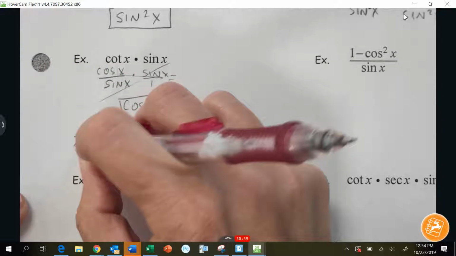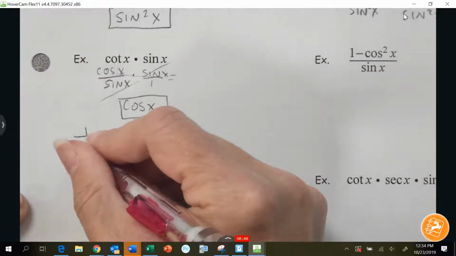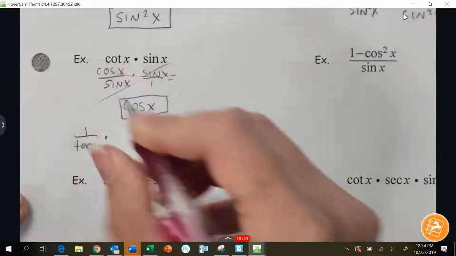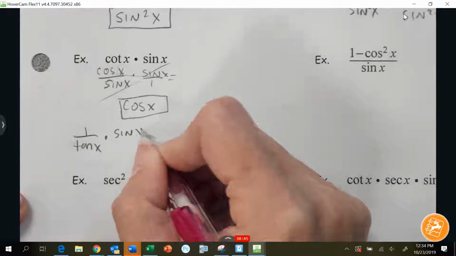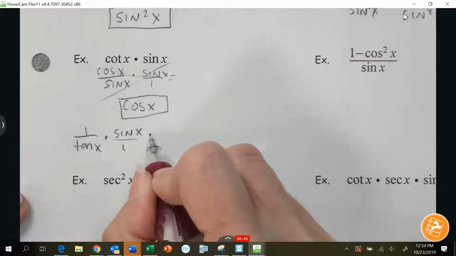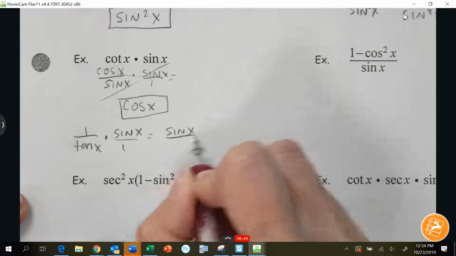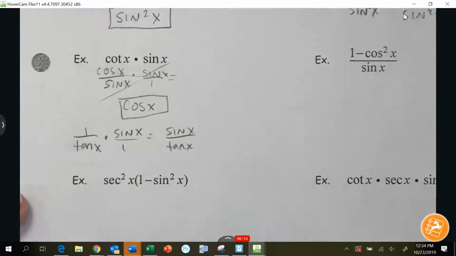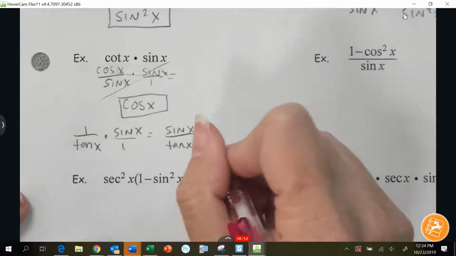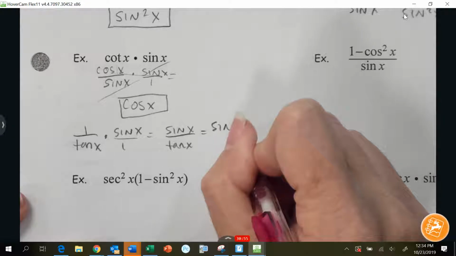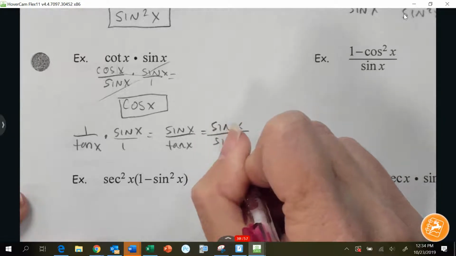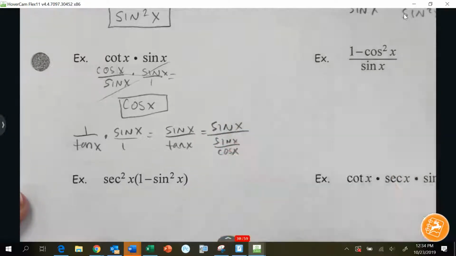It was 1 over tangent. If we went with what Matthew said at first, if I did it this way, I'd have sine x over tangent x. And then I might say, well, tangent is sine x over cosine x.